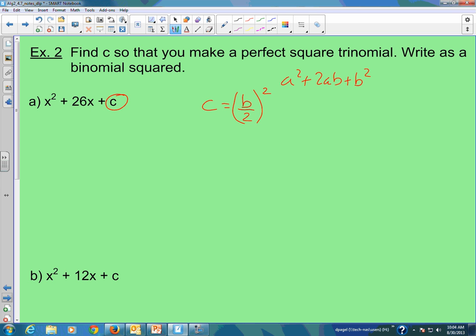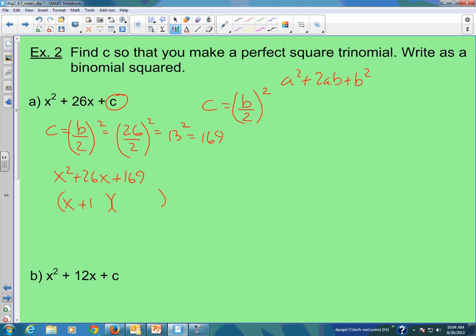So if we do that on A, I think about making c equal to my b over 2, and then squaring it, I'd have 26 over 2, or 13 squared, or 169. So x squared plus 26x plus 169 is factorable into x plus 13, x plus 13, or x plus 13 squared.